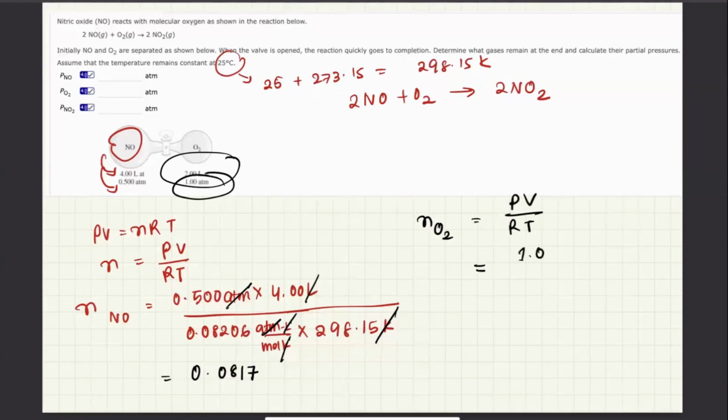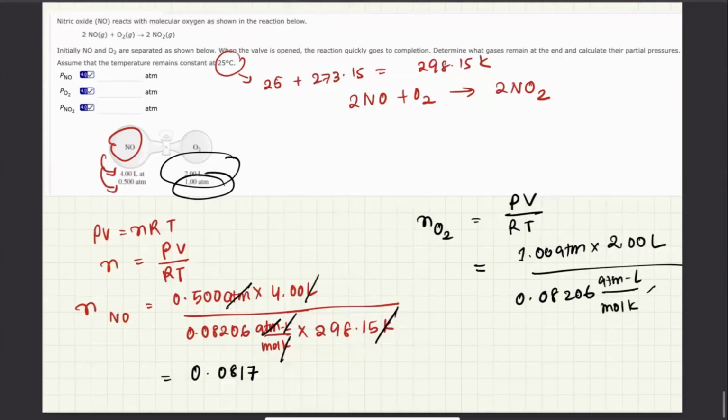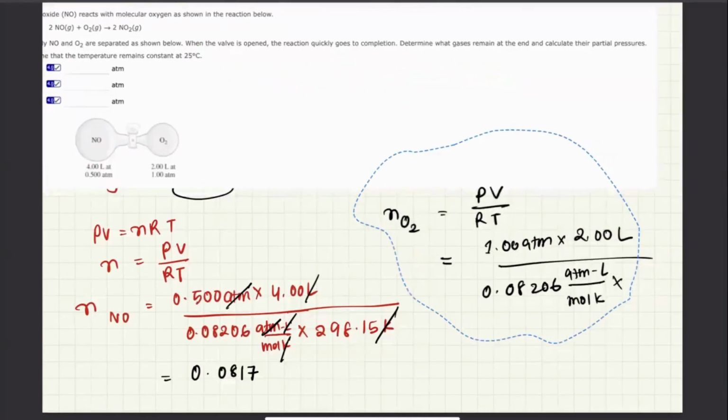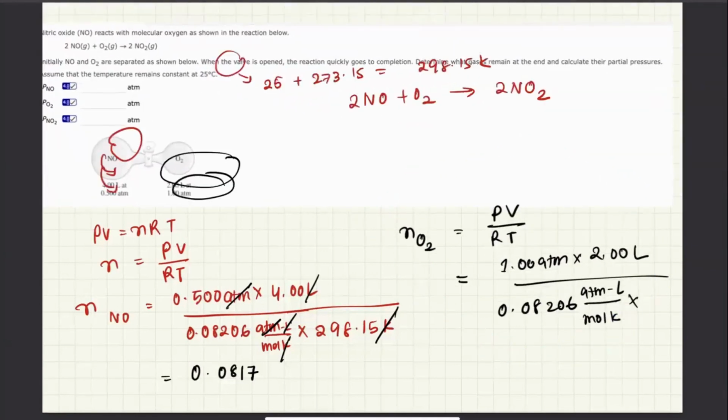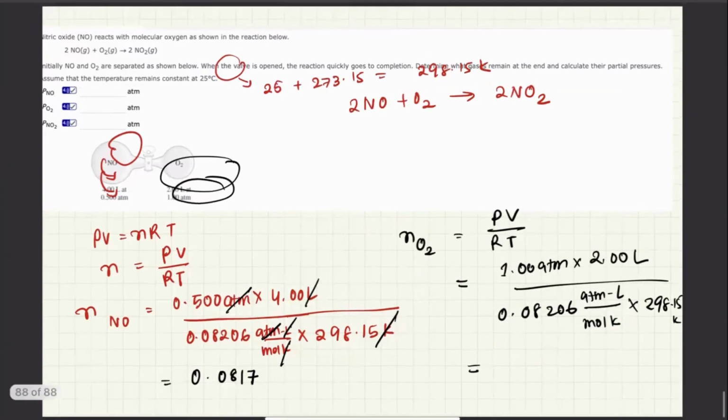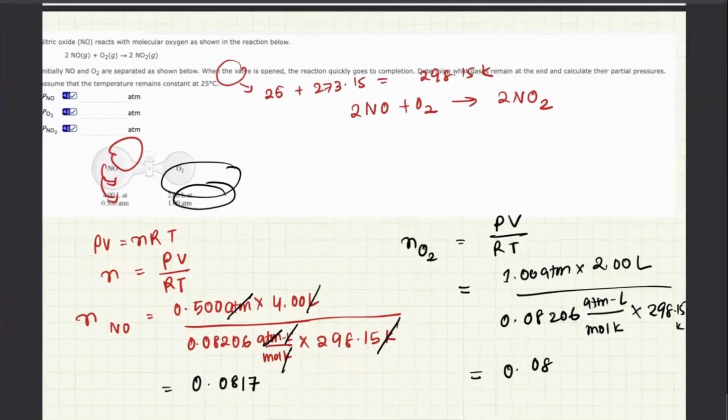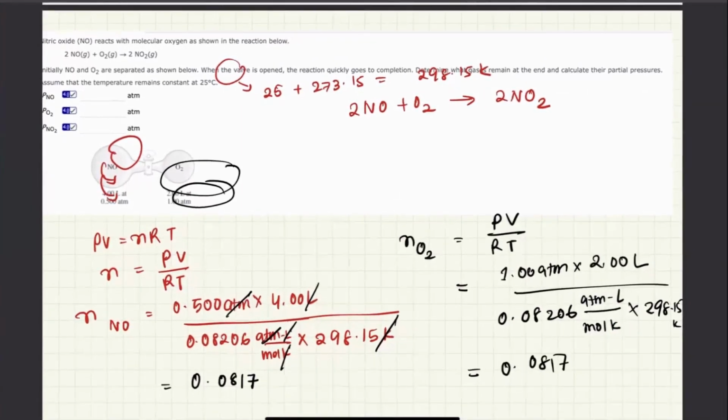Pressure 1.00 atm times volume 2.00 liters divided by R, 0.08206 atm liter over mole Kelvin, times the same temperature, remember? They are all in the same container, so the temperature is the same. So times 298.15 Kelvin. And this is also going to give us 0.0817 mole.